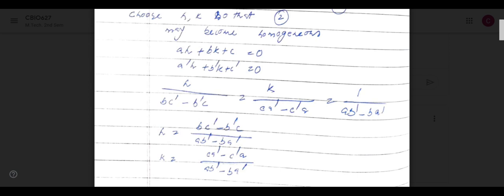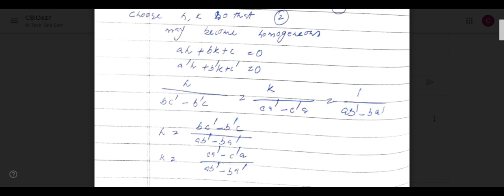So you take b into c dash minus b dash into c. Matrix we have learned, this way we are applying. Or that way Subhas is telling, you can also find out what is h and what is k, because we have two equations. That way you can do, but I have done this way.